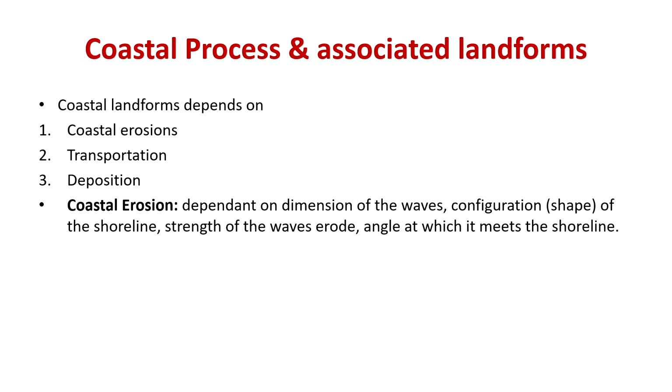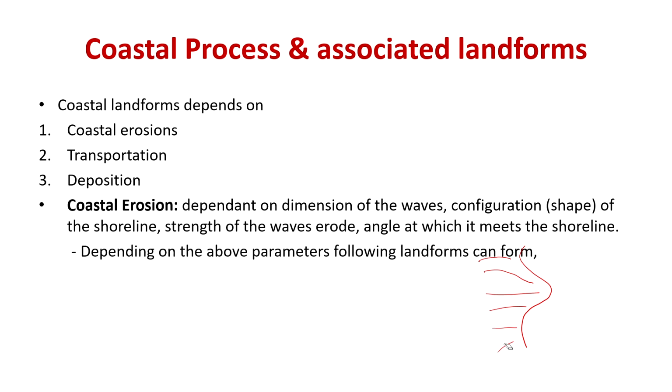As we have seen in the previous slide, in which direction it is moving, what is the angle and what will be the energy conditions. Depending on that, you will have the formation of different landforms.